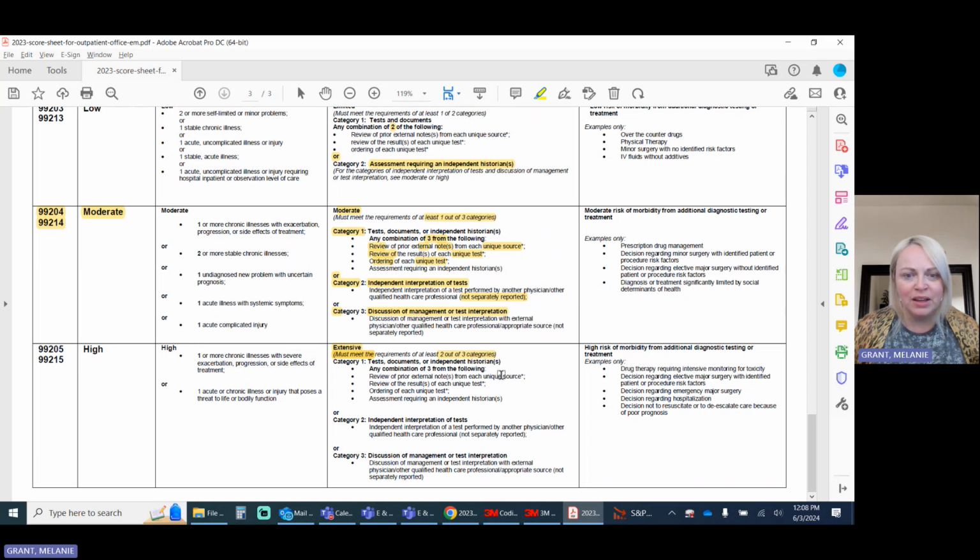So they're reviewing at least 3 independent unique sources of tests, or their historian, or they're doing independent interpretation of those tests, so that comparison might count, and discussing it with another medical provider. So they have to have 2 of those in order for this one to count. And that really just means that they had to deep dive into taking care of that patient.